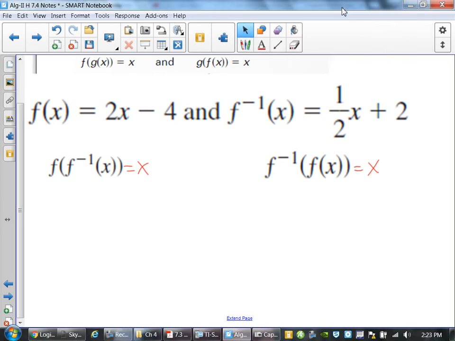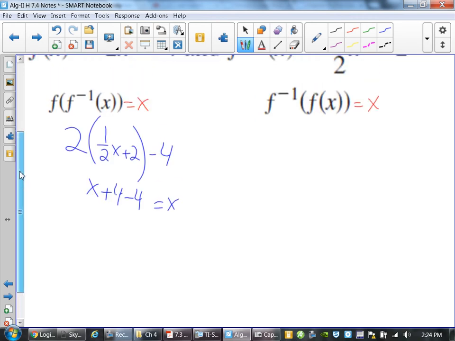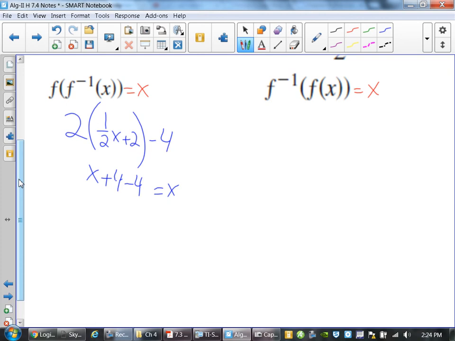When you go to start these out, start with the innermost, 1/2 x plus 2, and then surround it with the other equation. What does that equal? Start with the f of x equation, which was 1/2 x plus 2x minus 4.